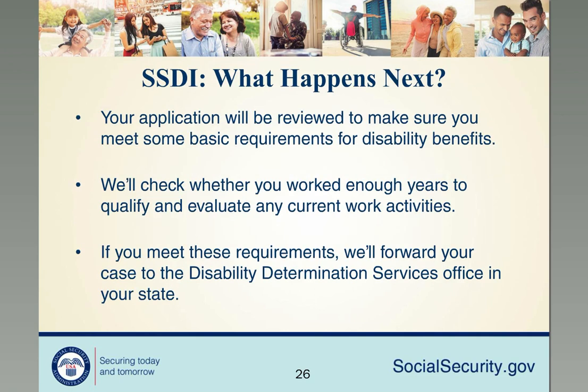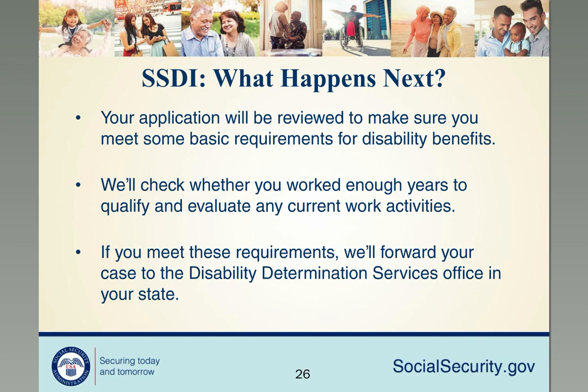Now then, once you file the application and you're filing for the regular Social Security disability insurance, what will happen next? Your application will be reviewed to make sure you meet some basic requirements for disability, meaning that we're going to need your name, date of birth, Social Security number, different information like that.